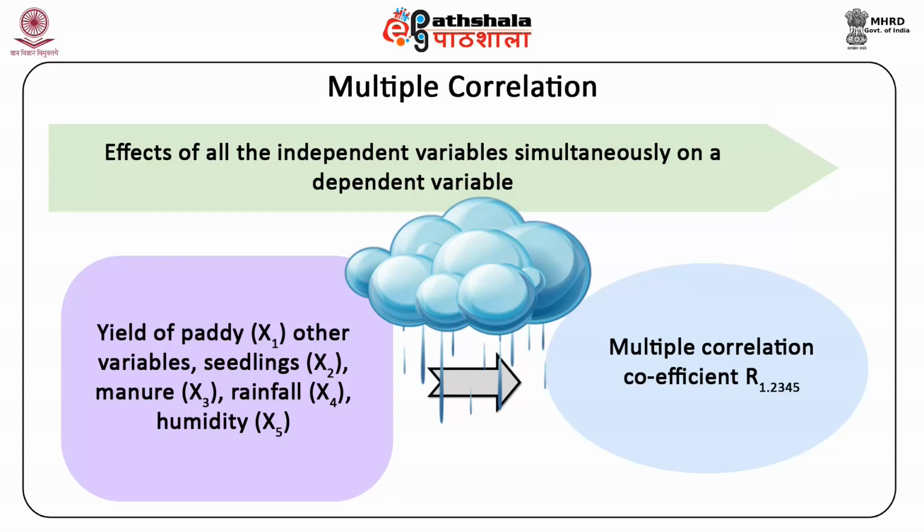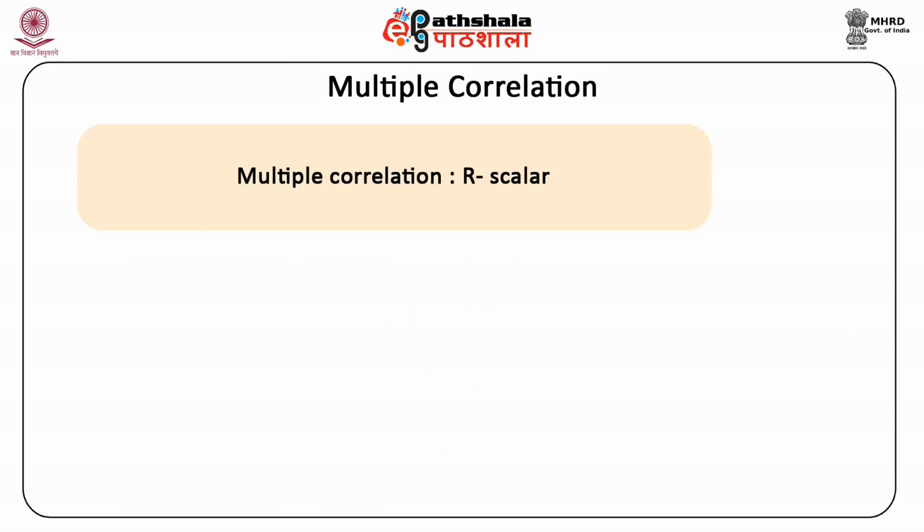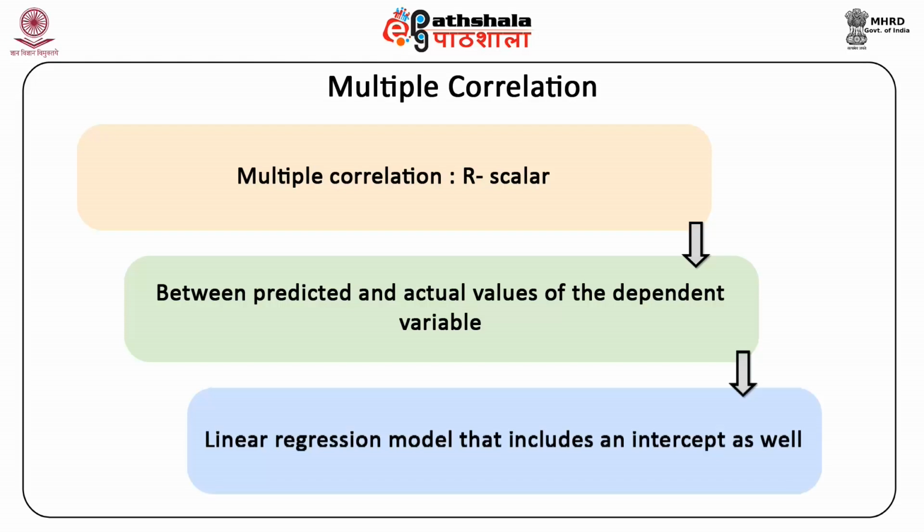The coefficient of multiple correlation, denoted by R, is a scalar which is defined as the Pearson's correlation coefficient between the predicted and the actual values of the dependent variable in a linear regression model that includes an intercept as well.